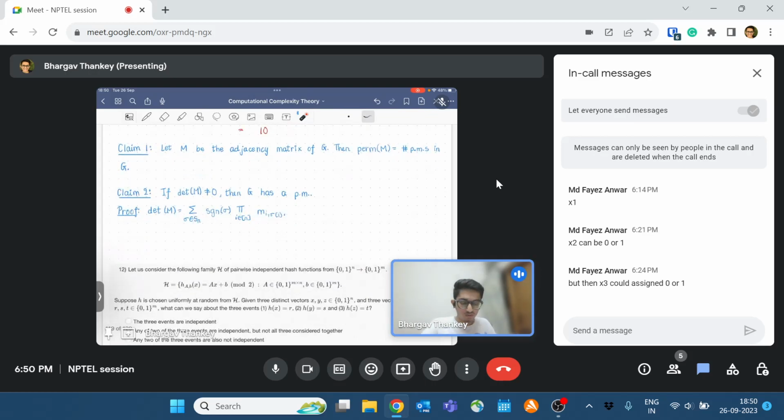Now, do you recall how we would compute the determinant? Let's say you have an n cross n matrix. One way to compute the determinant is to hide the first row, hide the first column, compute the determinant of the remaining matrix, and multiply it by the (1,1) entry. Then do this for the first row, second column, and so on.